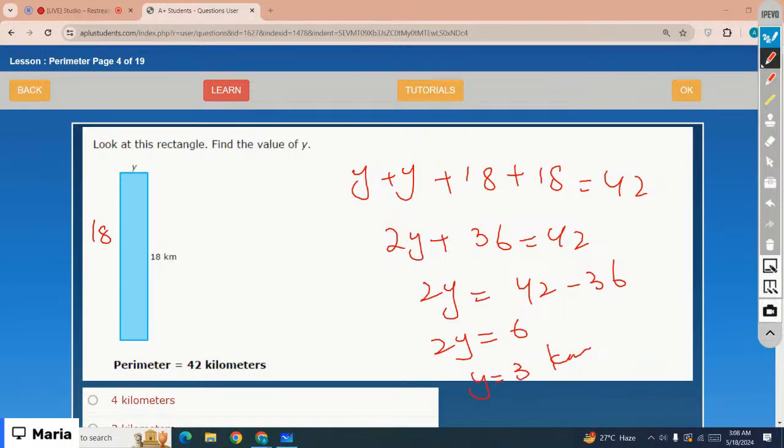So the missing side length is 3 kilometers. So the correct option is 3 kilometers, right? Option number 2 is the correct option.